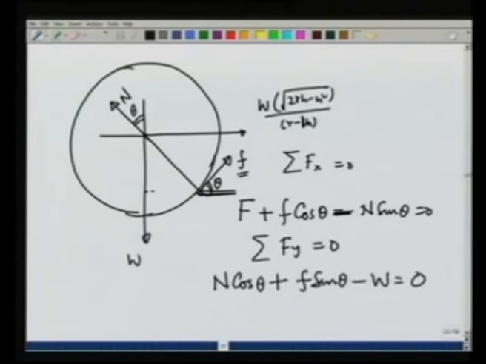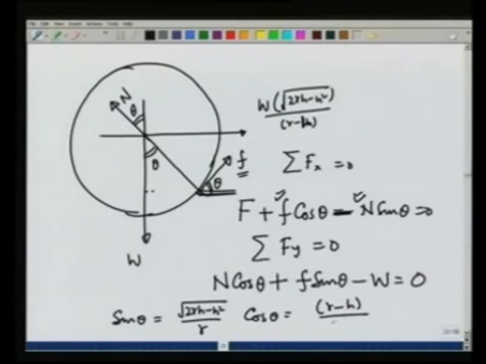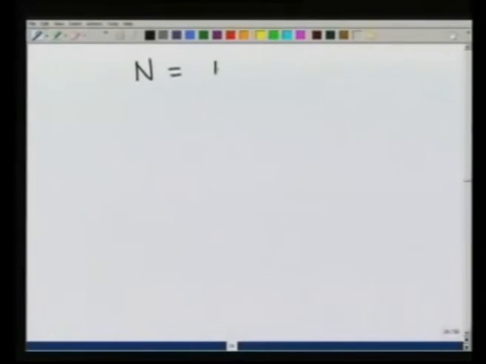These two equations are enough to determine small f, the frictional force, and the normal reaction N. Here, since this angle is theta, you can see that this angle is also theta, and therefore, sin theta is nothing but square root of (2Rh minus h square) over R, and cosine theta is nothing but (R minus h) over R. If we substitute these values in the equations, we find N is equal to WR over (R minus h) and f is equal to 0.